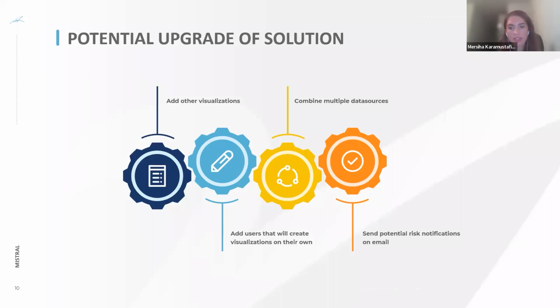For example, the employment satisfaction ratio. If it goes below 50%, that could be a potential risk for the company. Employees are not satisfied, so it is necessary to send a notification about that potential risk by email to a certain department, in our case, the human resources department.